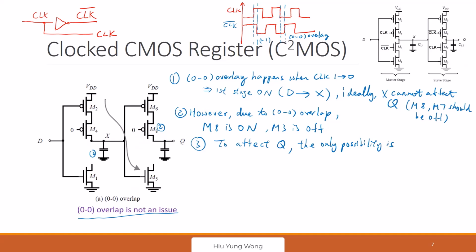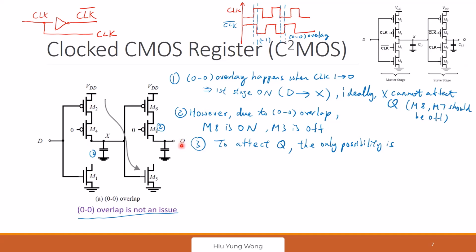So for example, if Q is 1, the data was 1, would Q be affected by this circuit? No, Professor. Actually, I think it will be affected by 0 because PMOS can't provide exact 0, right? We use NMOS to conduct correct 0. So during 1, it won't be an issue, but during conducting 0, it will be an issue.